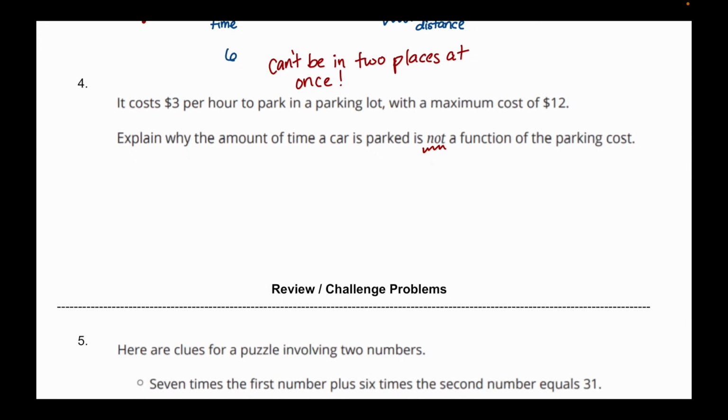Well, let's take a look at how they have structured this sentence. Normally, we would say output is a function of input. So what they're asking us is that time a car is parked, they're saying this is output in this situation. We have to explain why the time technically is not an output when our input is the parking cost. They're saying this should be our input.